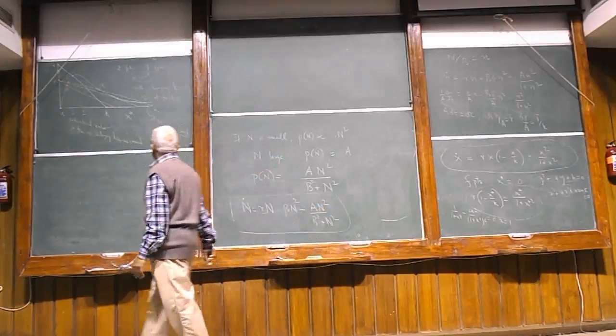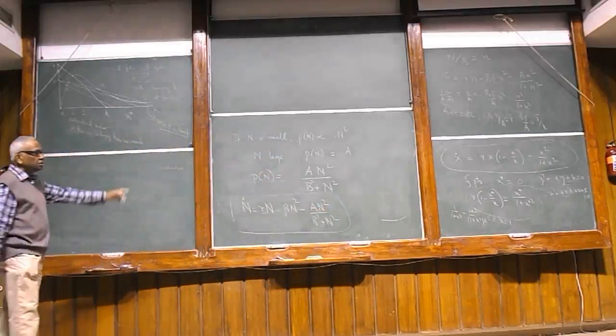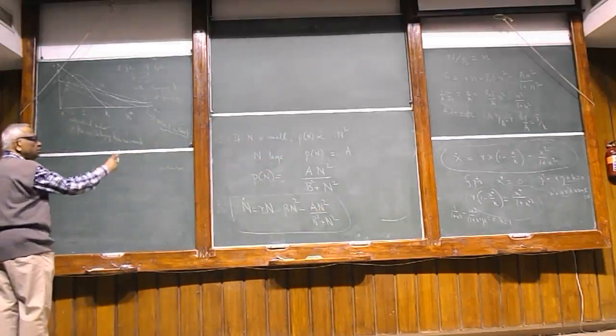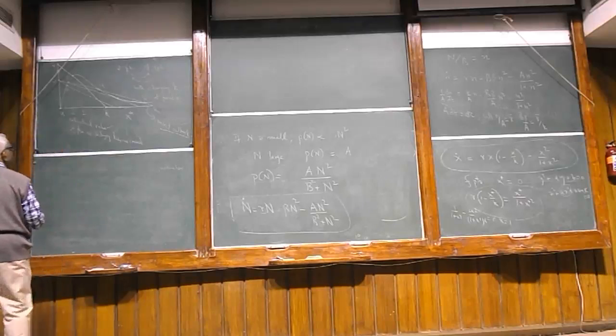So the intersection point, of course, is determined by that, and the tangency point is going to be determined by the slopes becoming equal.